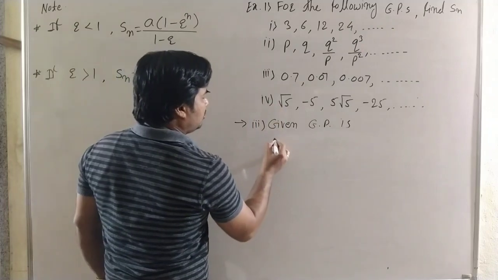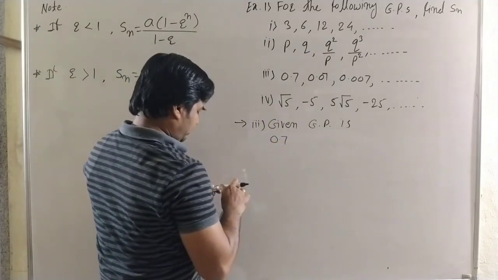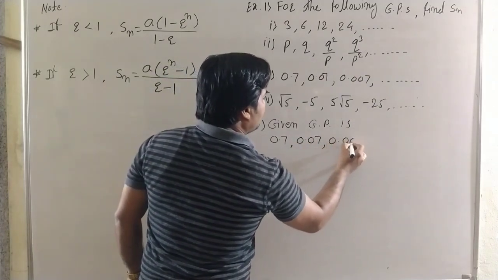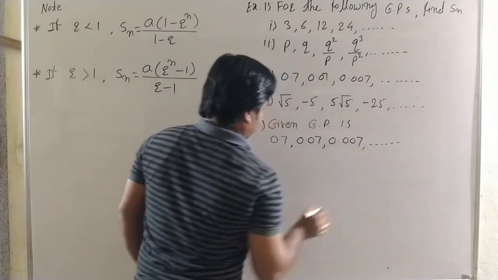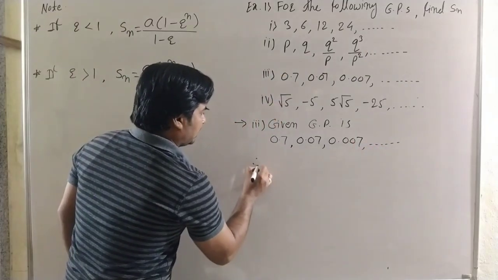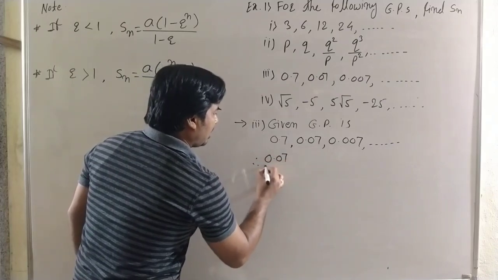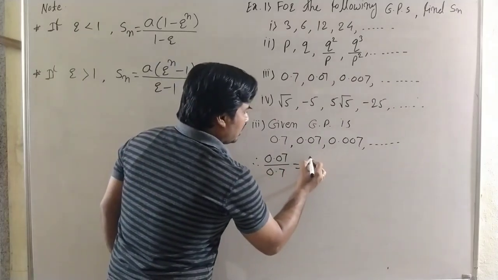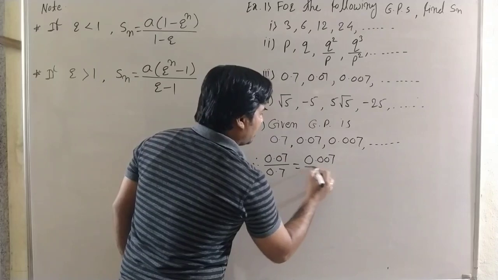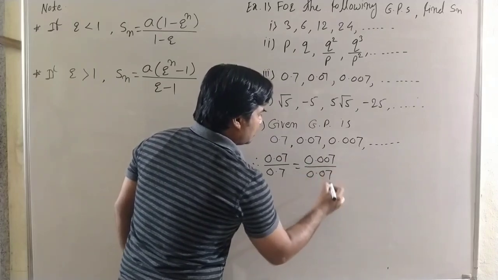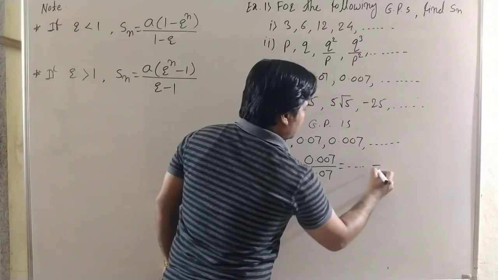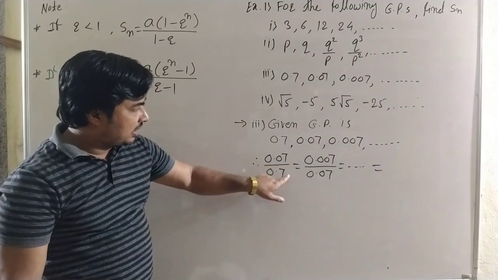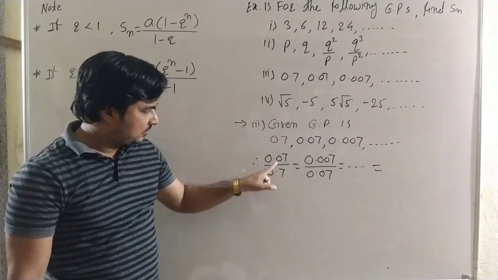Here for the third example, the given geometric progression is 0.7, 0.07, 0.007, and so on. Okay, now 0.7 is the first term, and therefore the ratio is 0.07 upon 0.7, which equals 0.007 upon 0.07, and so on. See carefully, here the ratio is 0.1.